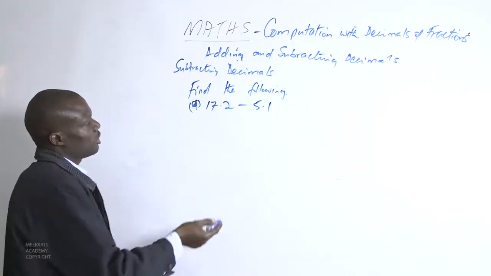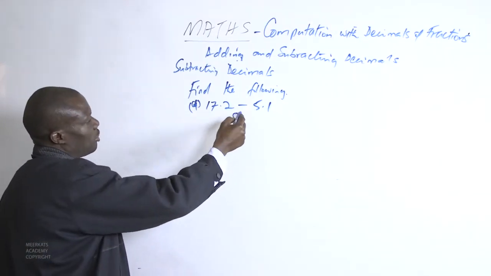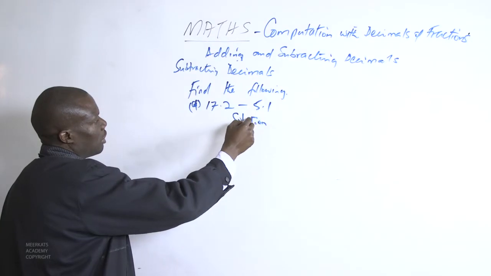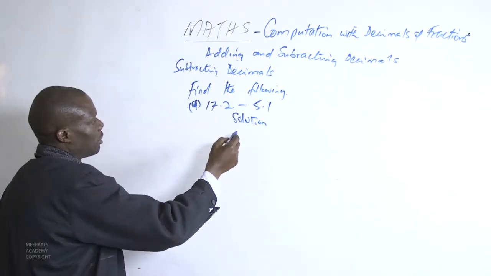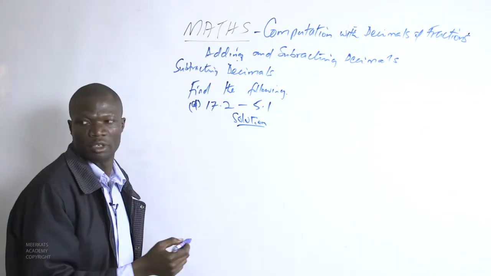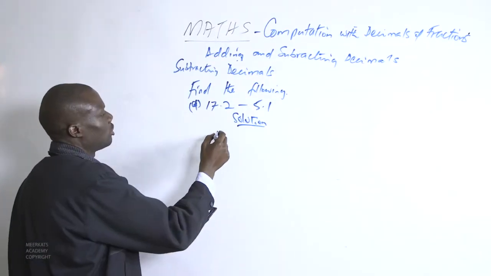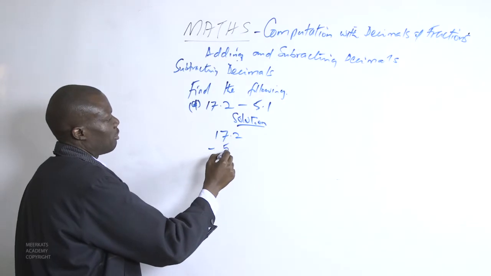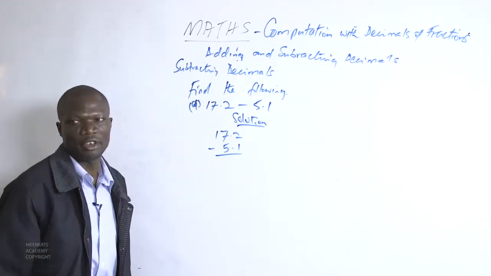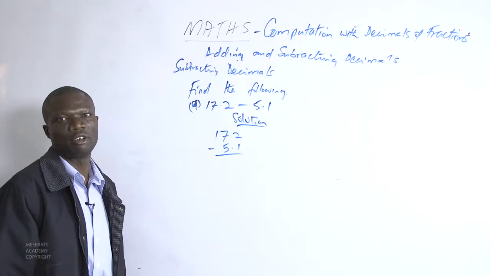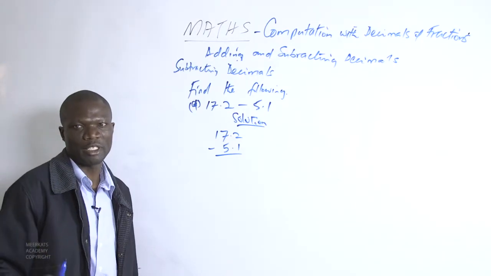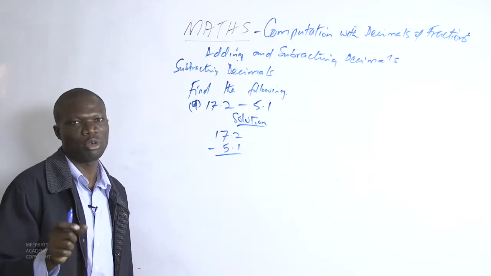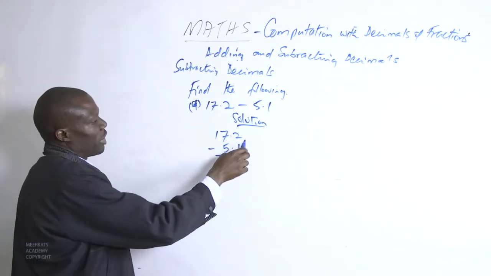We are subtracting, so we align them in our solution. In this particular case, we shall have 17.2 minus 5.1. Take note of the arrangement of the decimal places and decimal point, each one below the other. So we are ready to go.